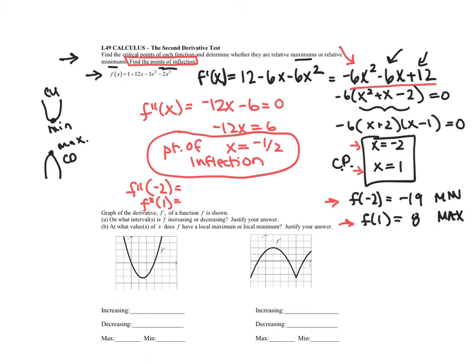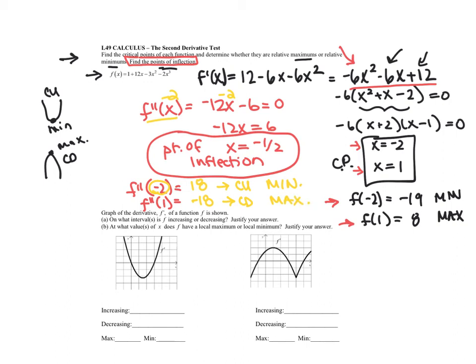But when you plug in negative 2, if you take this negative 2 and you plug it in right here for the x value, you'll get 24 minus 6, you'll get 18. When you plug in a 1, what you're going to get is negative 18. This can also show you concavity because you now know this is concave up right here, and you now know this is concave down right here. So therefore, you know that this here, because it's concave up, is a minimum. And this one here, because it's concave down, is a maximum.